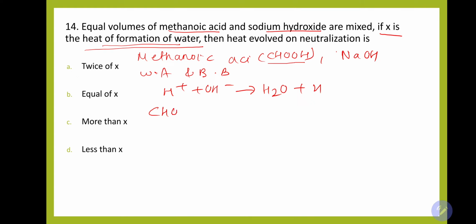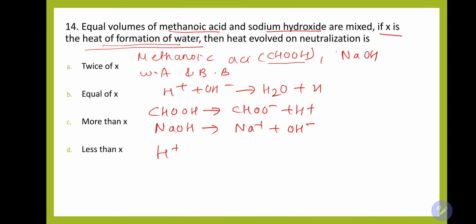So let us see the ionization now. So HCOOH will dissociate into HCOO minus plus H plus. Okay, and NaOH will dissociate into Na plus plus OH minus, right? Okay, so here H plus plus OH minus gives water, we have seen earlier, right?